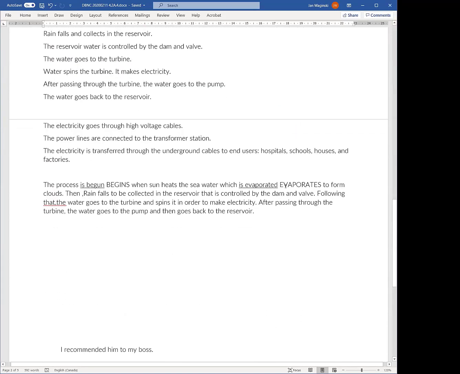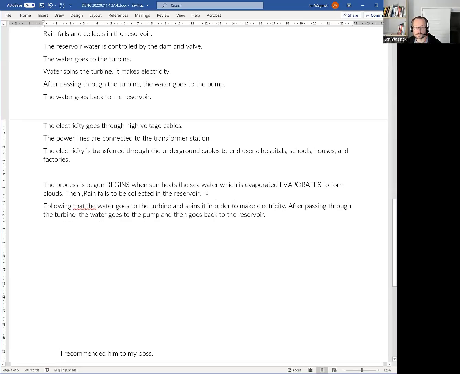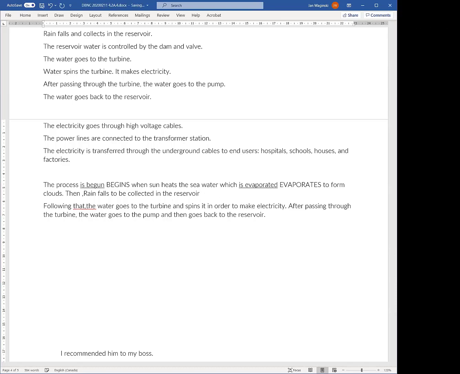So that is held by. Let's just go from here. Okay. Tell me what to write next. Collected in the reservoir, which is held back by the dam.